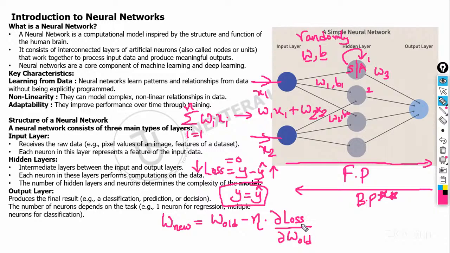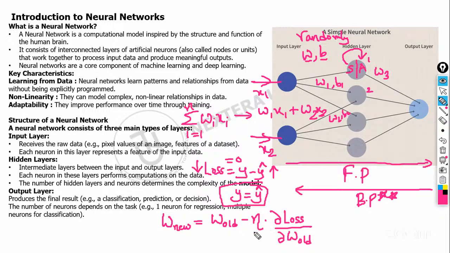Since the values of weights and bias are randomly assigned, your new weight, whatever you find as part of back propagation, will be calculated using this formula. From the old weight, you remove some part. And what is that part?